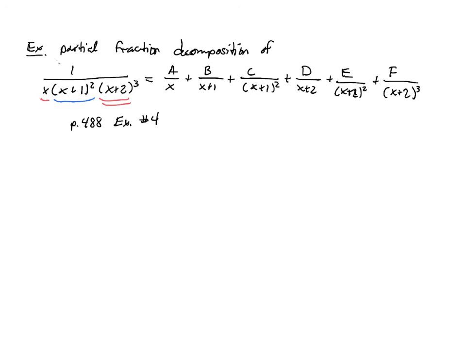I want to move on to the next case. So we've seen what to do in all the cases where I have nothing but powers of linear factors in the denominator. So what happens if we have non-linear factors in the denominator?